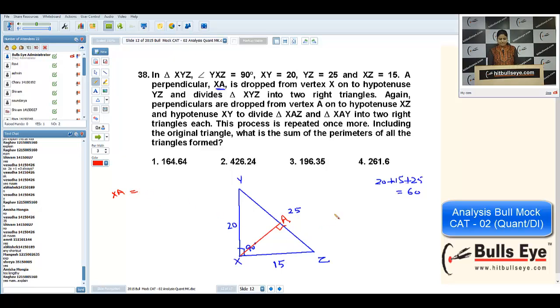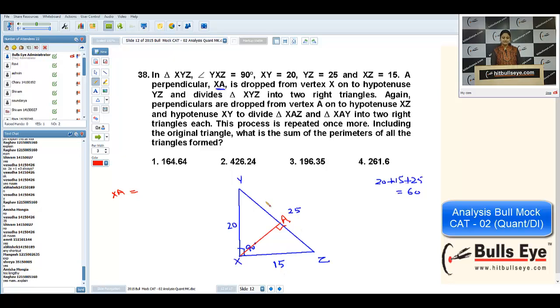Can you say the area of any triangle is half into base into height? Of course, this is a right angle triangle, so that is the easiest way to find the area. If I consider XZ as base and XY as the perpendicular, it will be half into 20 into 15, which is 150.